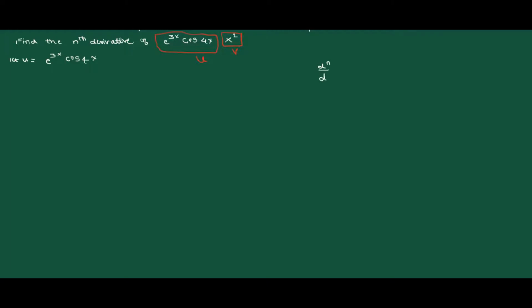So already we have studied what is the nth differentiation of e raised to ax into cos(bx plus c). I will write here, the nth differentiation of e raised to ax into cos(bx plus c) is equal to (a square plus b square) raised to n by 2, e raised to ax into cos(bx plus c plus n into tan inverse b by a).